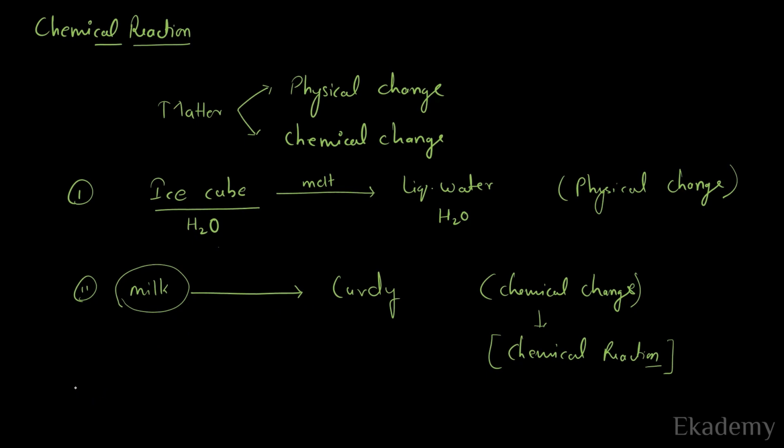So you may note this down also in your notebook if you want, this definition of chemical reaction. You just pause it, rewind it, and note it down. So now we are fully aware of this concept, what is chemical reaction.